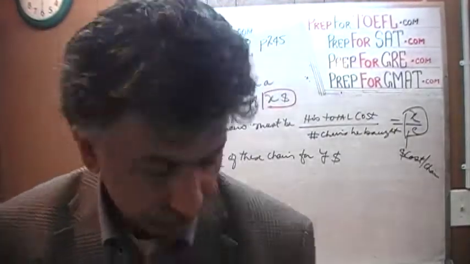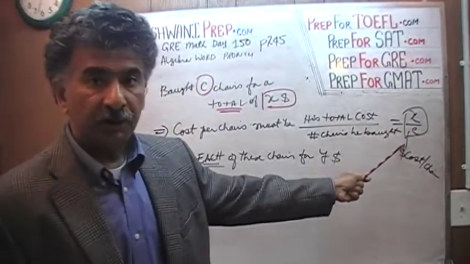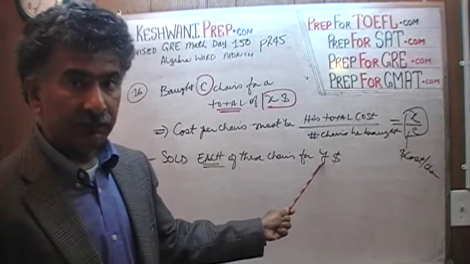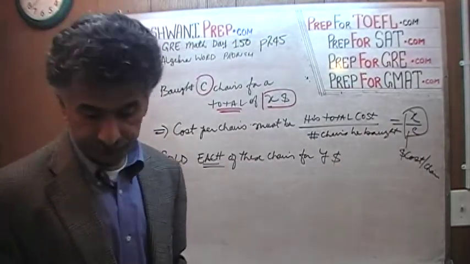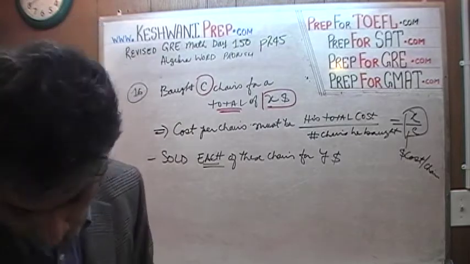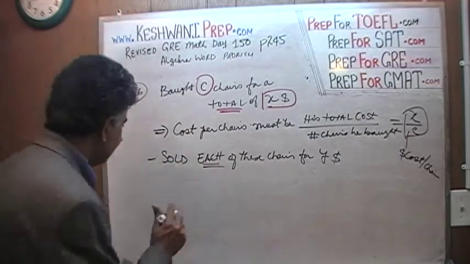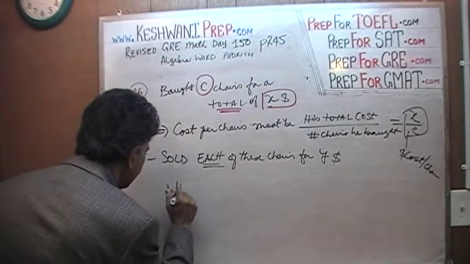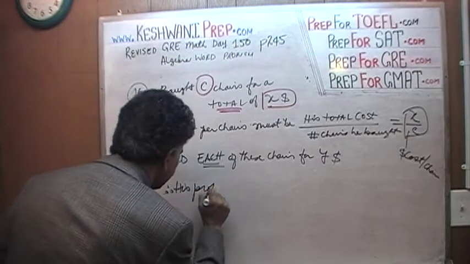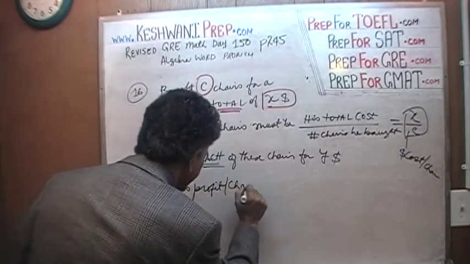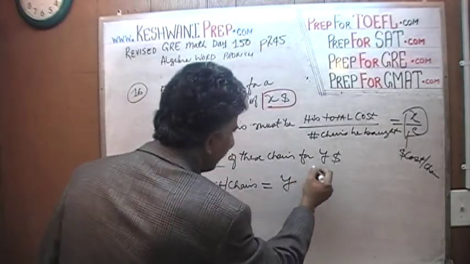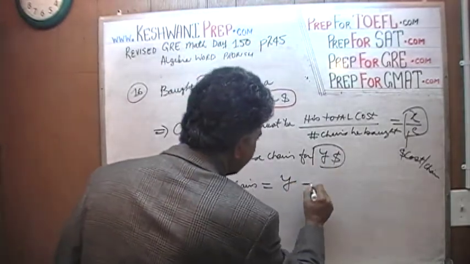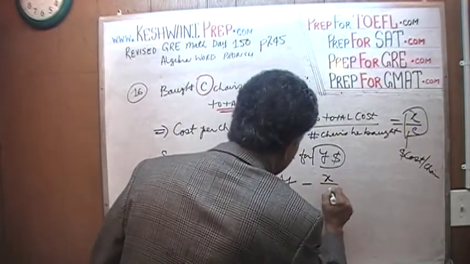That's how much it's costing him per chair. That's what he's getting per chair. The difference between the two must be the dough that he made. So his profit per chair must be what he's getting for the chairs, which is Y dollars right here, minus what he paid for the chairs.